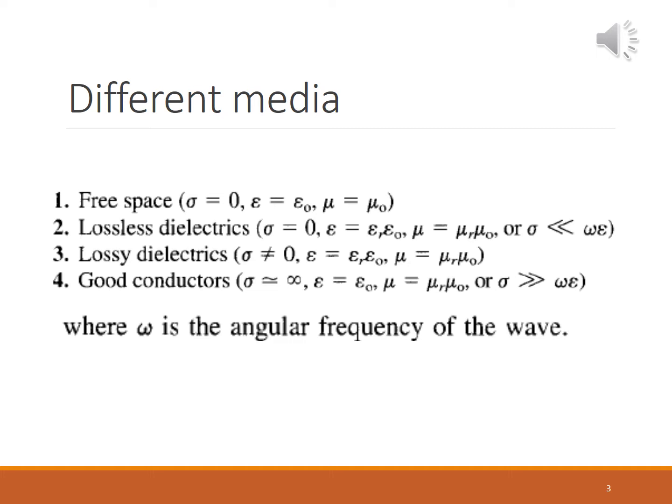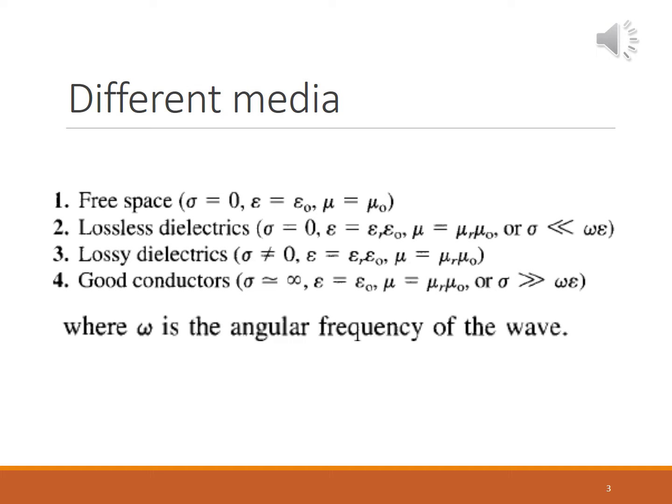The next type of medium is a lossy dielectric. A lossy dielectric is where the conductivity is not equal to 0. That means it can partly conduct. A medium that can partly conduct is normally referred to as a lossy dielectric, and that's why sigma is not equal to 0.